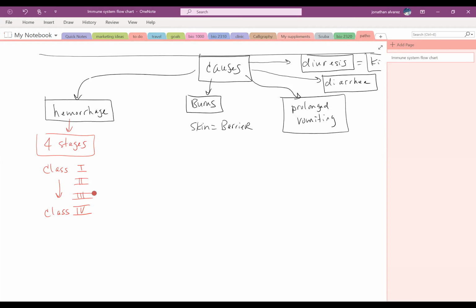So class 1 would be minimal blood or fluid loss, which is about 15%. Stage 2 is blood or fluid loss at about 15 to 30%.